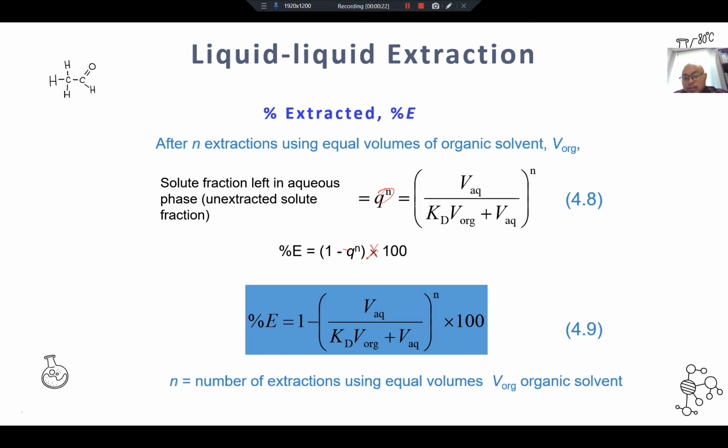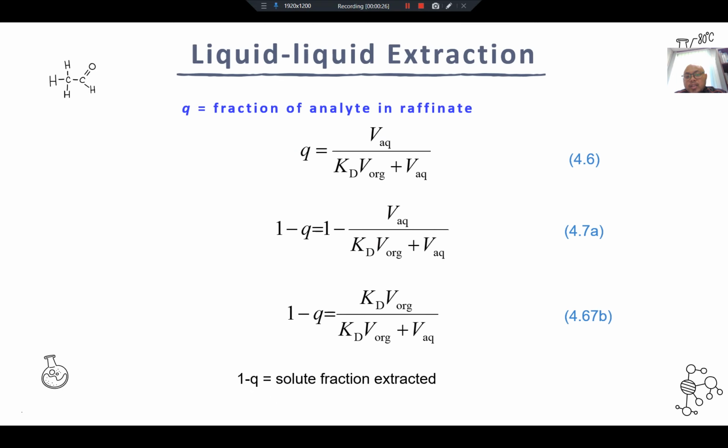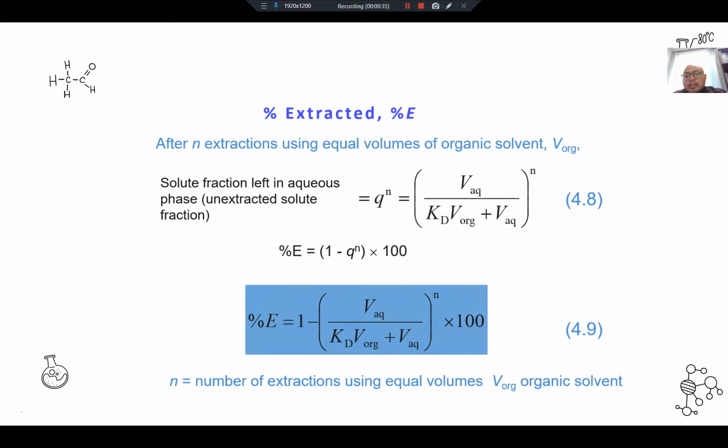If for example you want to use the previous one, this one is also okay, 1 minus Q. This is the thing. So N multiplied by 100. N is the number of extractions, but only if you use equal volumes of the organic solvent.